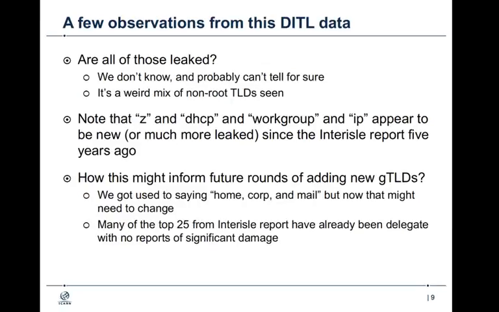We can start looking for heuristics, but we can't say what is leaked and what is just being sent due to the tragedy of the commons. Z, DHCP, workgroup, and IP are new relative to what we saw 5 years ago. So this does indicate that we are seeing new kinds of consistent things that might be leaked or garbage at the root.